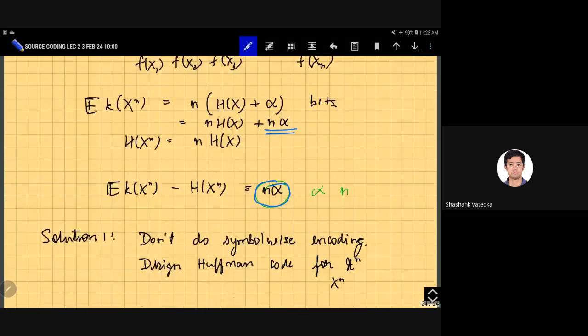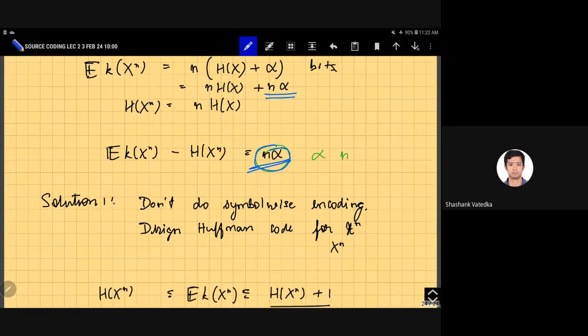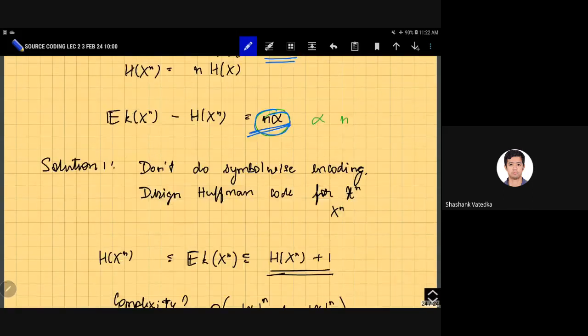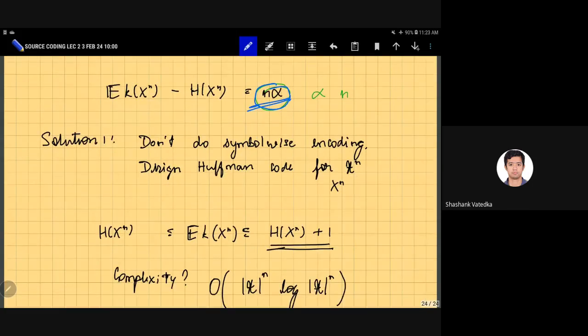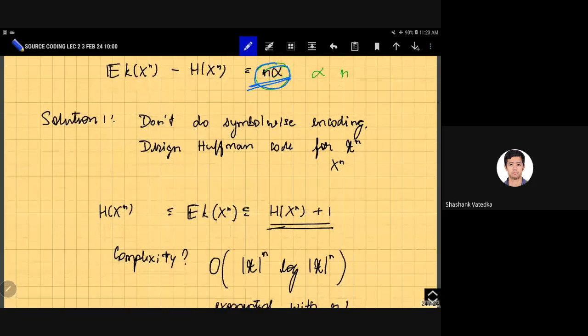But if we want a smaller redundancy, then we can do blockwise encoding instead of symbol-wise encoding. But unfortunately, the complexity of constructing the Huffman code grows exponentially in the size of the block. So you can achieve an expected length which is within a constant of the entropy, but the complexity grows exponentially in the size of the block.